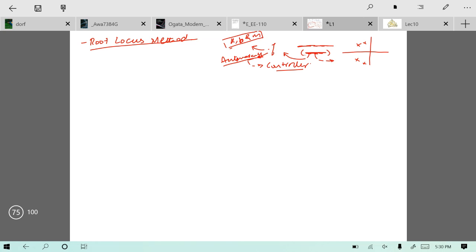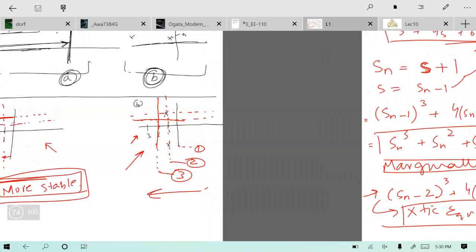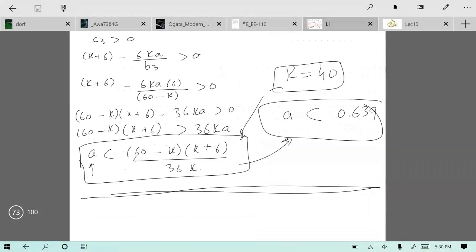So one way is to change the root or pole location by changing the system parameters. Another is that it may change automatically due to degradation of the system. Another reason for a change in root or pole location is the controller that you are using. For example, you are using a controller with gain k, as we discussed in our last example.